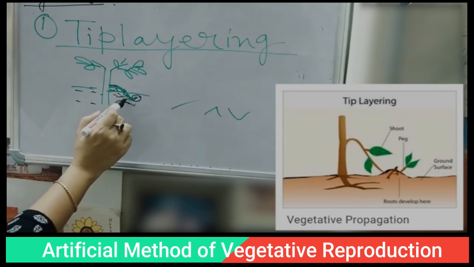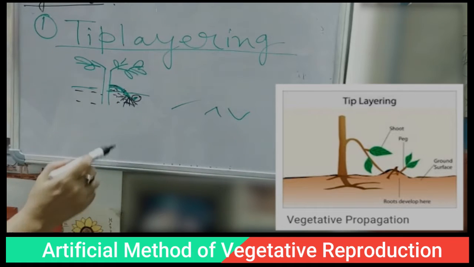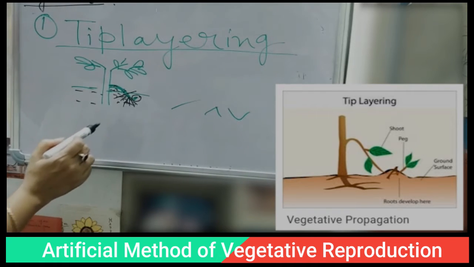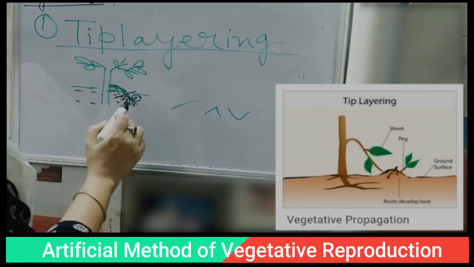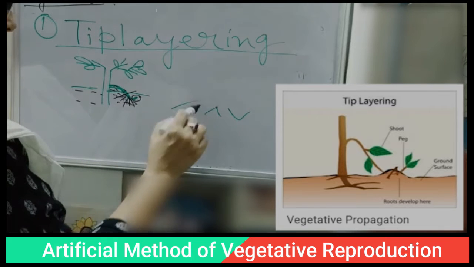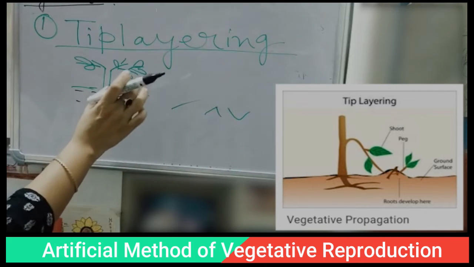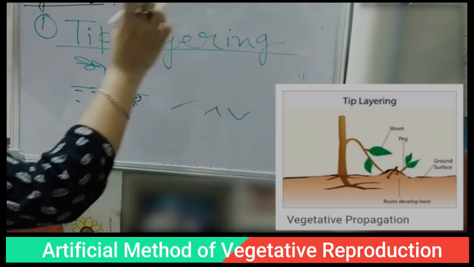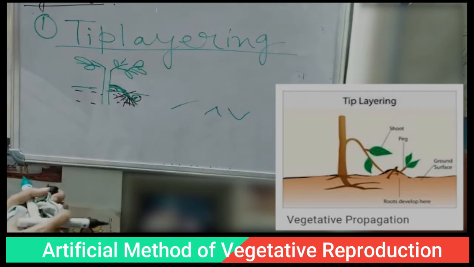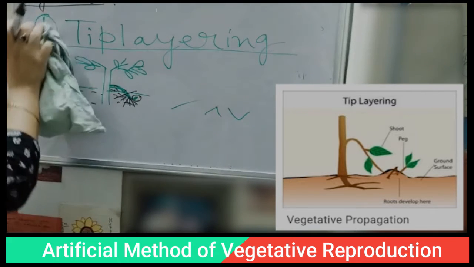After a few days, when adventitious roots come out from this part, we just cut this portion of the branch and place it in the soil, and from that cut off part a new plant arises. This is called tip layering.